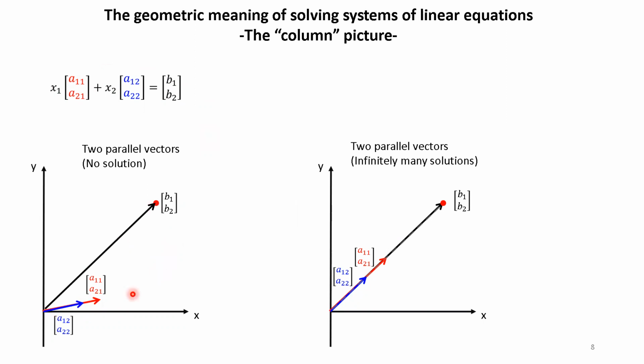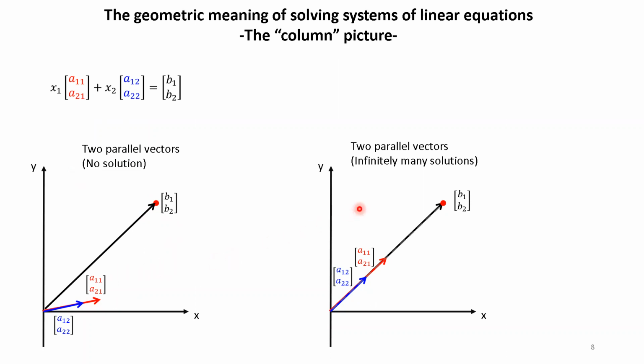So geometrically, you understand that you are not going to find a solution, because no matter how you add up these two vectors, the direction that you're going to point is this direction. But you're never going to get a vector that points in this direction. Therefore, in this case, there's no solution.